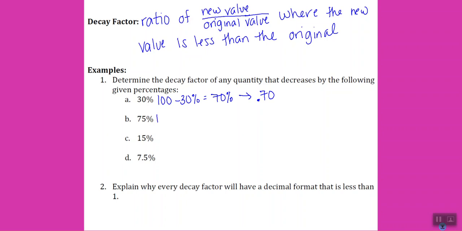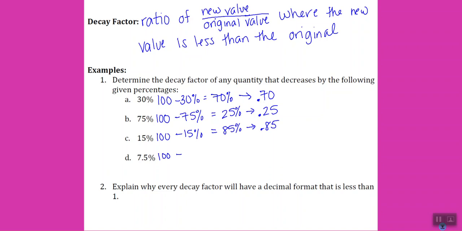So again, 100 minus 75% leaves us with 25%. So our decay factor would be 0.25. 100% minus 15% leaves us with 85%. So our decay factor is 0.85.